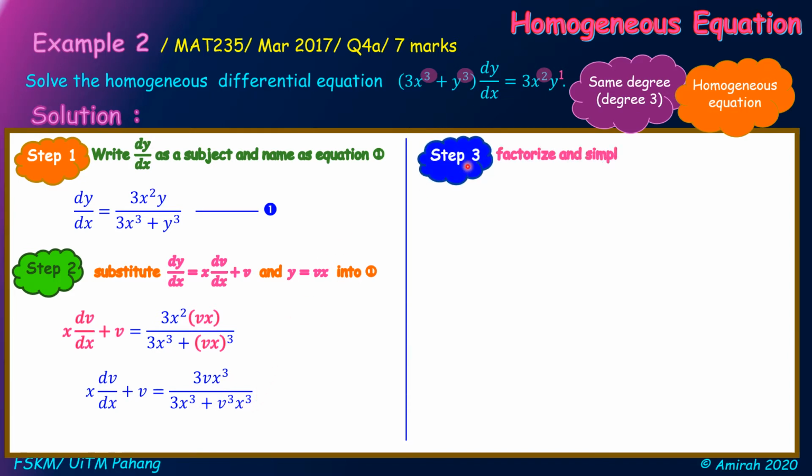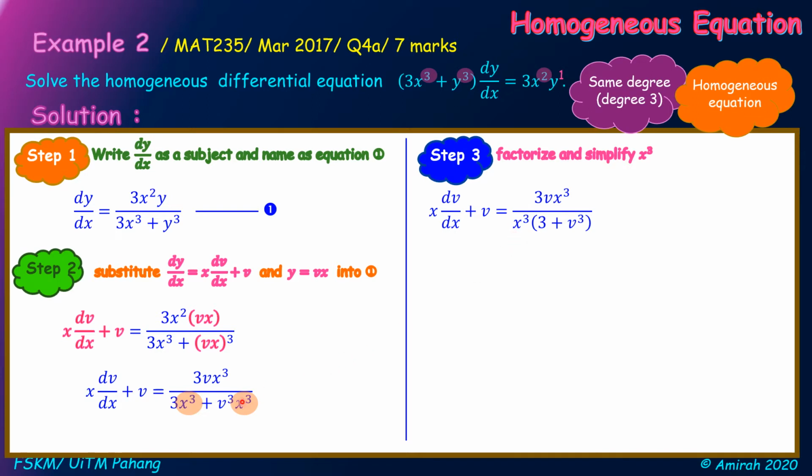Step 3, we can factorize and simplify x cubed. Notice that if we have degree 3, it means we can simplify x cubed. If we have degree 2, we can simplify x squared. From here we have terms containing x cubed, so we can factorize.